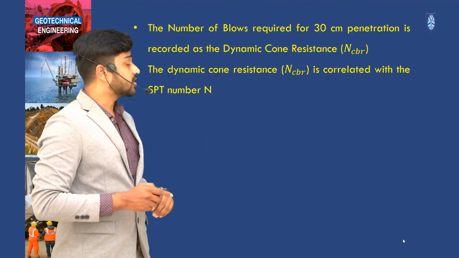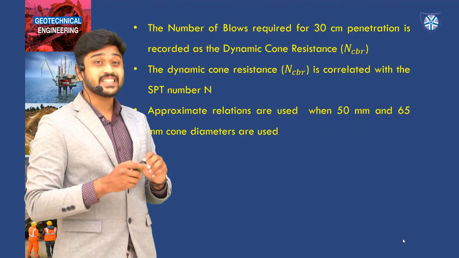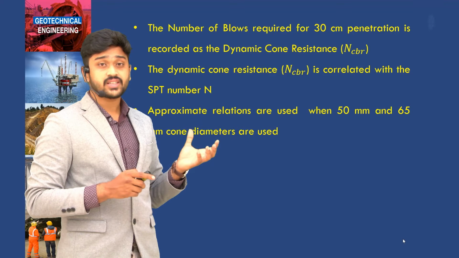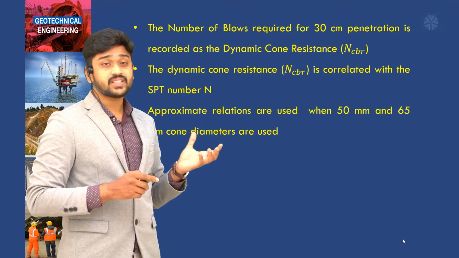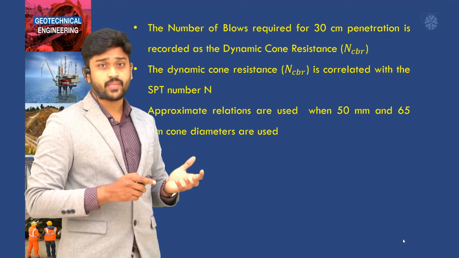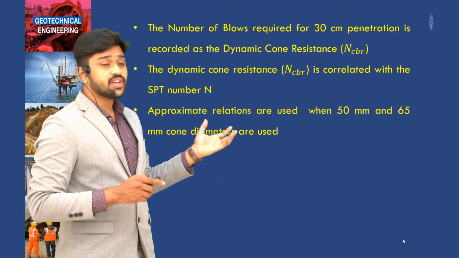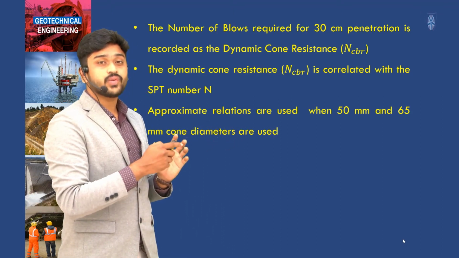Clear? Now there is one last thing. There are different sized cones that we use, either 50 mm or 65 mm as I have stated. Whenever we use them, the correlations will generally differ.